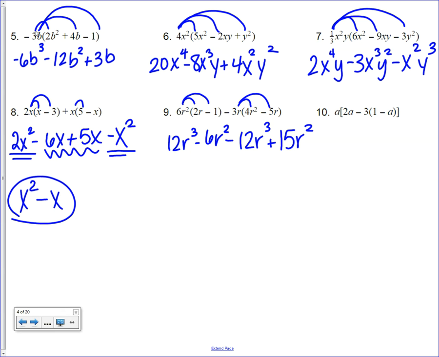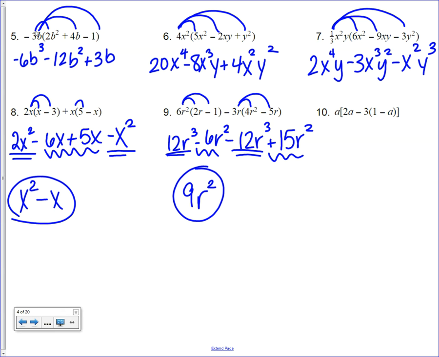Okay, can anything go together? How many r to the thirds do you get? None. They're gone. How many r squareds do you get? 9. 9 r squareds. How we doing here? Just fine? Okay, now take a look at number 10.